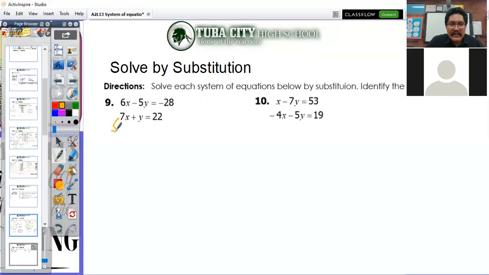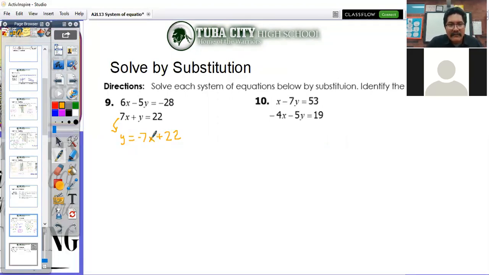Now, the reason why we're going to have to go with this one is because y is already by itself, and I can't divide everything by 7, and since it's already by itself, all I have to do is minus 7x on both sides. So minus 7x. So when I minus 7x, it's going to cancel on this side, but it's going to appear on that side. There we go.